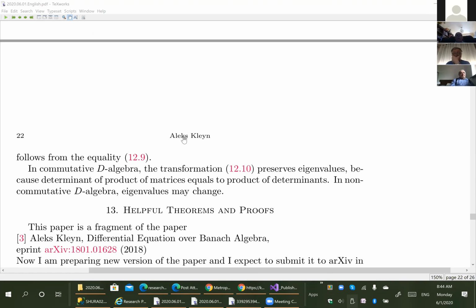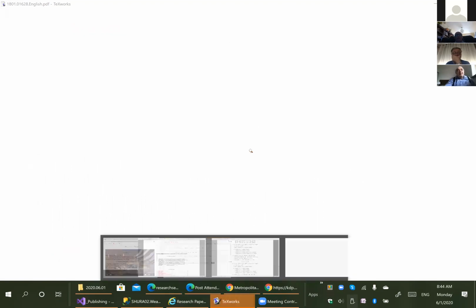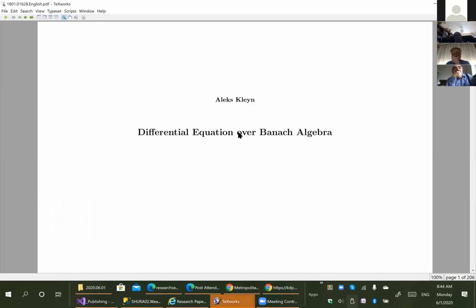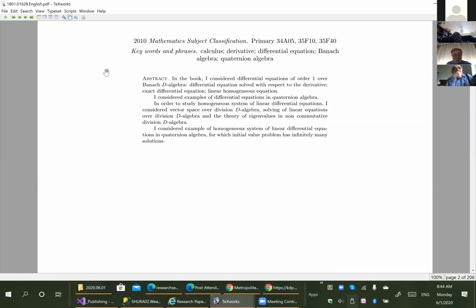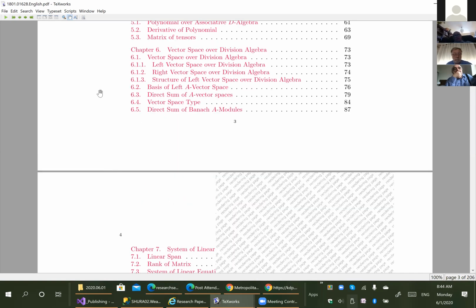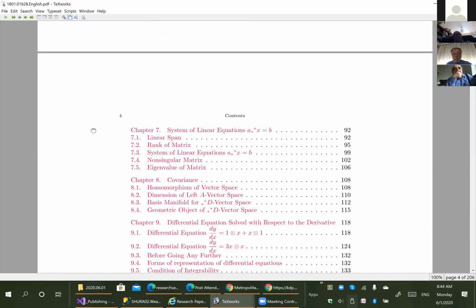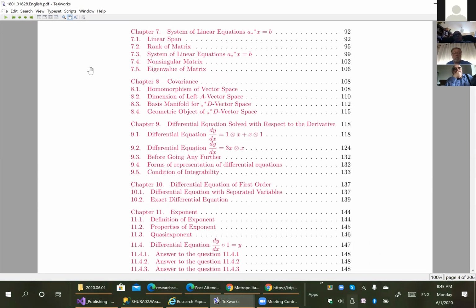Very interesting issue about exponent. Yes.